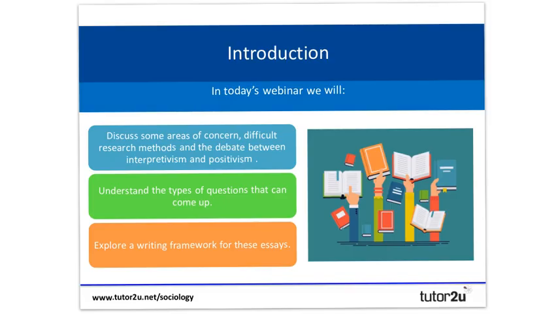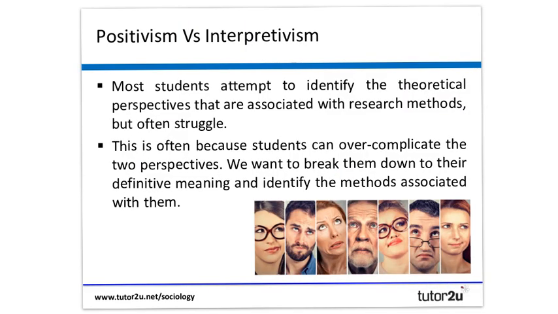Now, positivism and interpretivism tends to be an area by which most of us seem to have some hang-ups about. The reason behind this is because they are theoretical perspectives, and what we have to recognise is they are associated with specific types of research methods. But often when we try to marry the two up, that's where we often find struggling tends to occur.